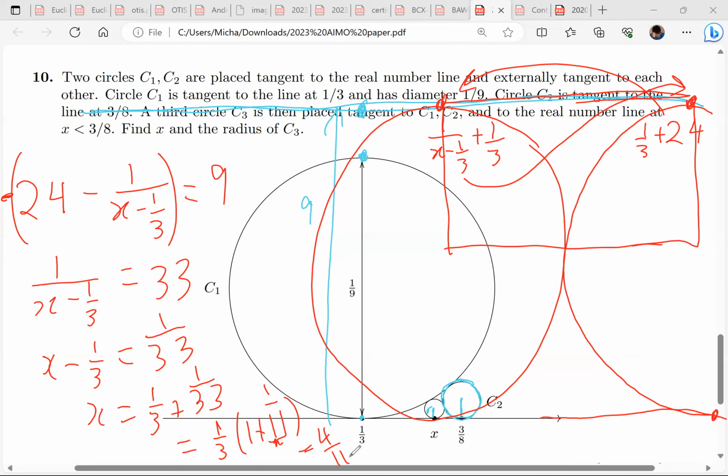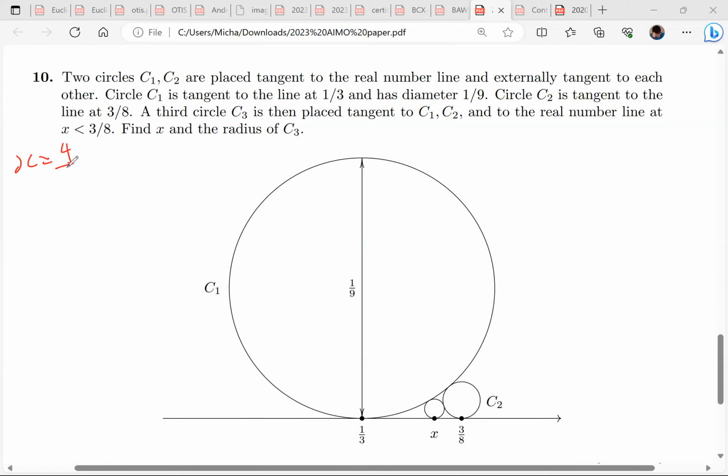So how do we find R? Now if we invert about the circle centered at the touch point of the little circle. Now we have x equals 4 on 11, and we're gonna invert about a circle centered at this x touch point here with radius 1, but I'm not gonna draw the circle.